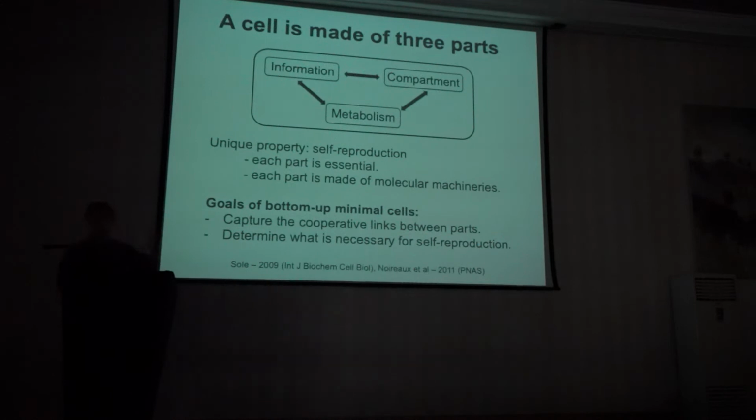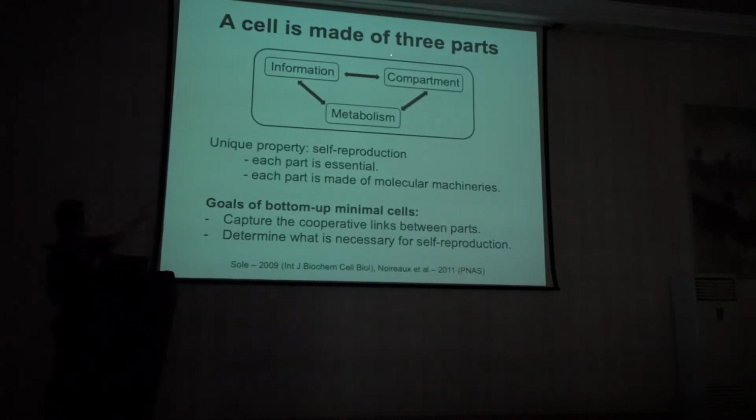You have seen this with Nikolai this morning, I think with Thomas too. A cell is made of 3 parts: information, compartment, metabolism, and it has a unique property, self-reproduction. If you remove one of these parts, it does not work. If you remove information or compartment or metabolism, you don't get a living cell.